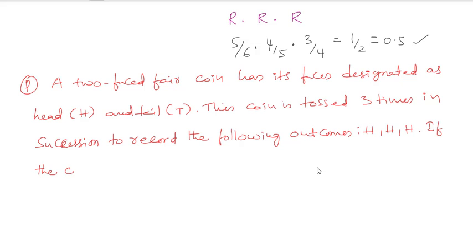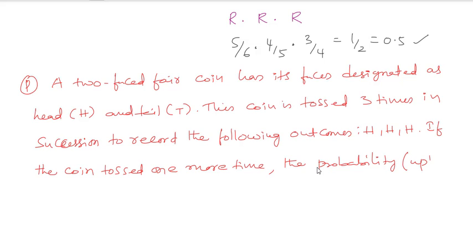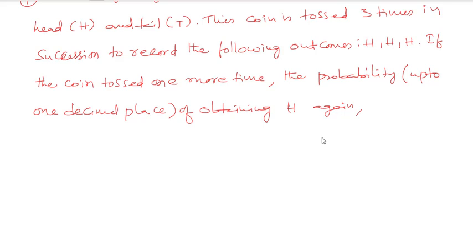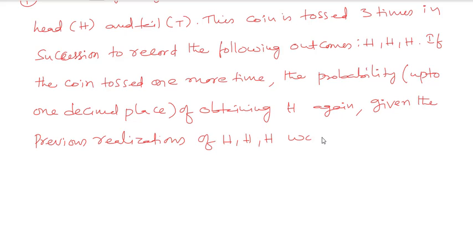If the coin is tossed one more time, the probability (up to 1 decimal place) of obtaining head again, given the previous realizations of head, would be dash. This is the question.